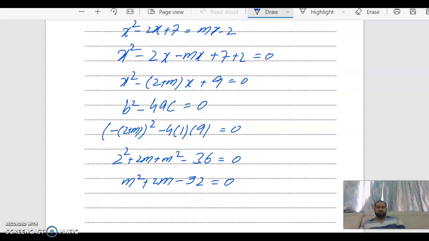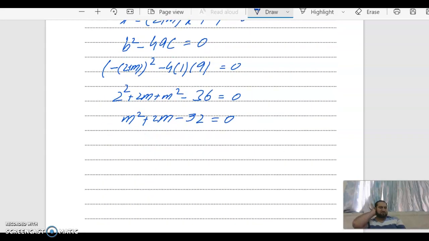So again we can solve this equation. The middle term must be 4m, because 2 times 2 is 4.